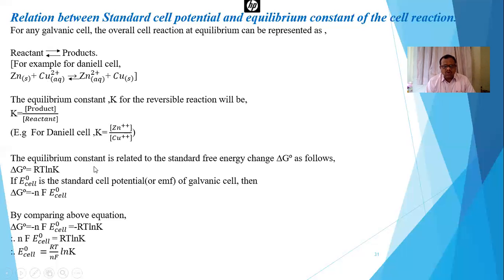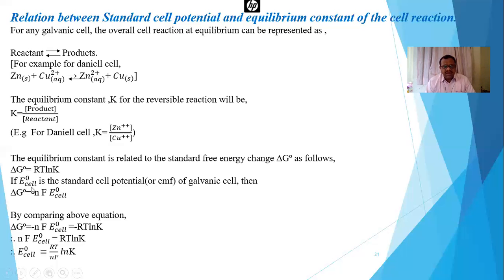The equilibrium constant is related to the standard free energy change. We all know this equation: the standard free energy change is equal to minus RT log natural K, where K is the equilibrium constant.